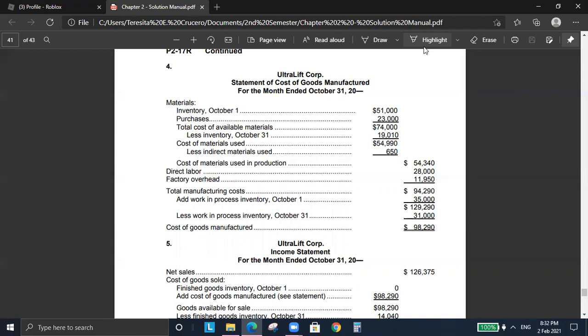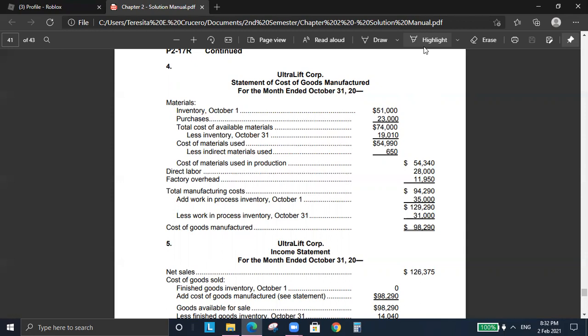The inventory balance on October 31 is the amount that you find in your materials account. You will find the balance: the credit balance of materials is equal to 19,010. So the cost of materials used is 54,990.